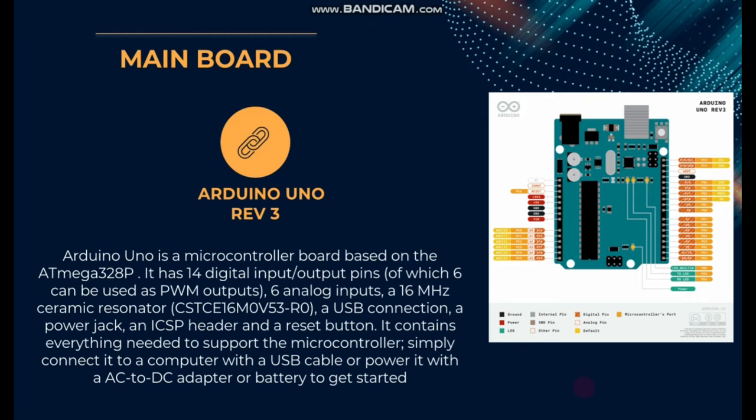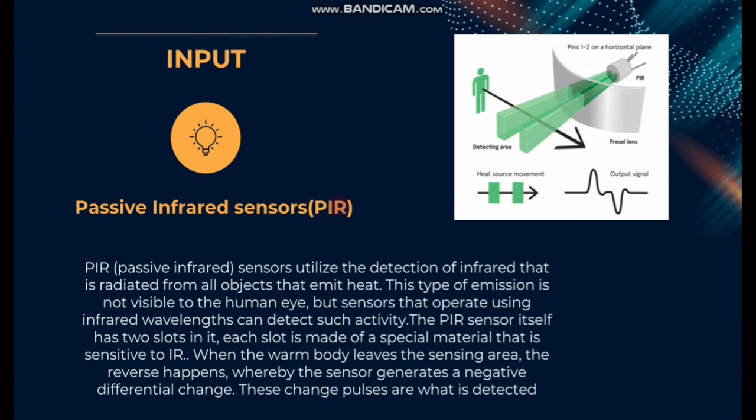Next, the input of our project is the passive infrared sensor, which is PIR. The PIR sensor utilizes the detection of infrared radiated from all objects that emit heat. This type of emission is not visible to the human eye, but a sensor that operates using infrared wavelengths can detect it.